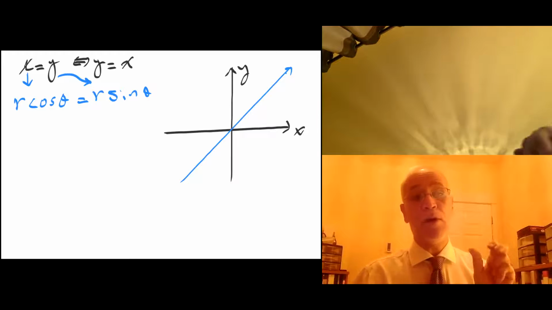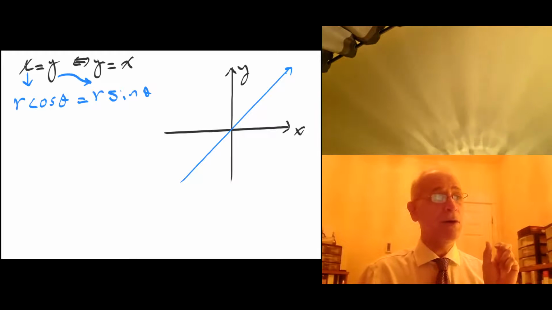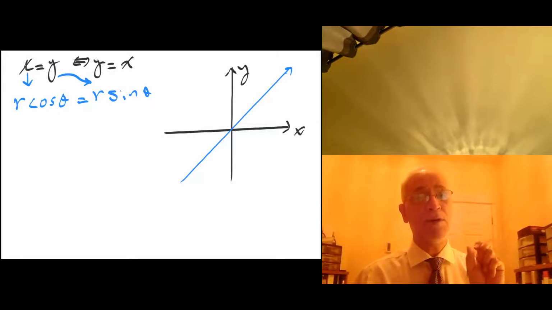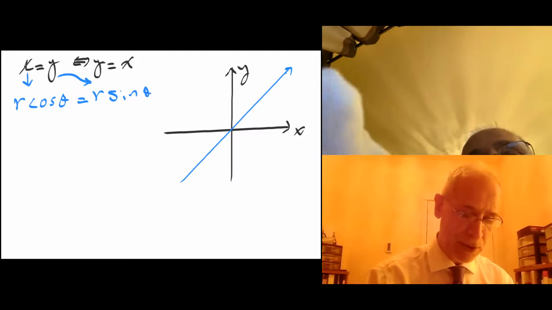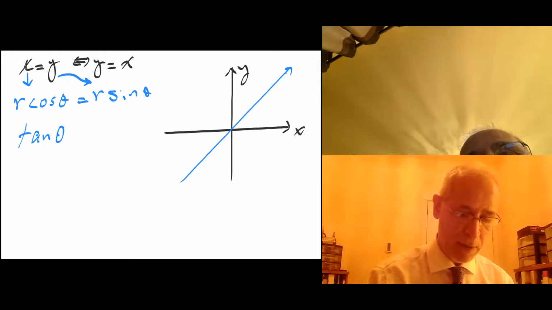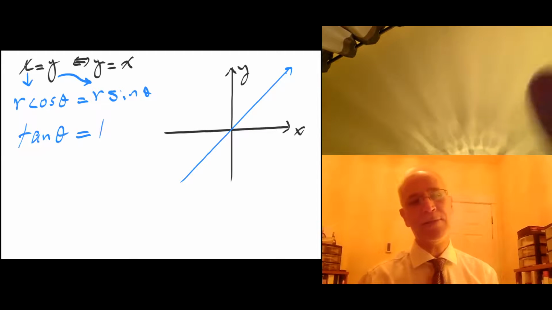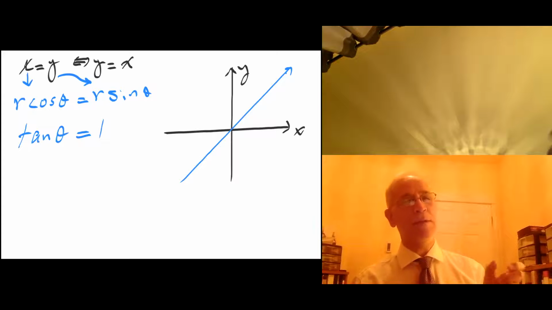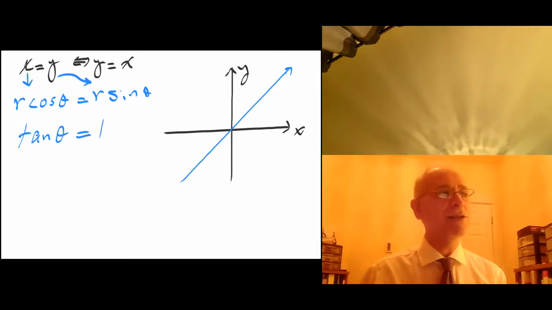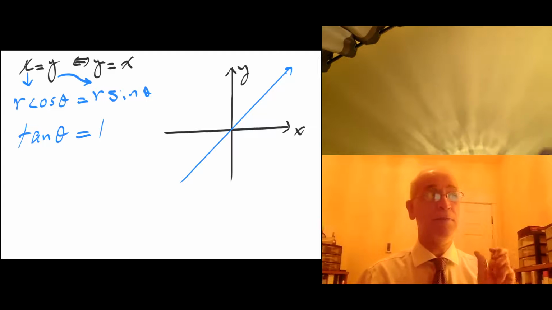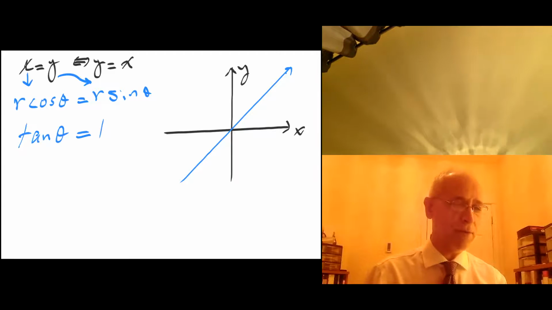But I also know that when x and y are equal, then tangent of theta must equal 1. Why is that? Because by definition, tangent is sine over cosine of theta. And if sine of theta equals cosine of theta, then tangent must be 1.